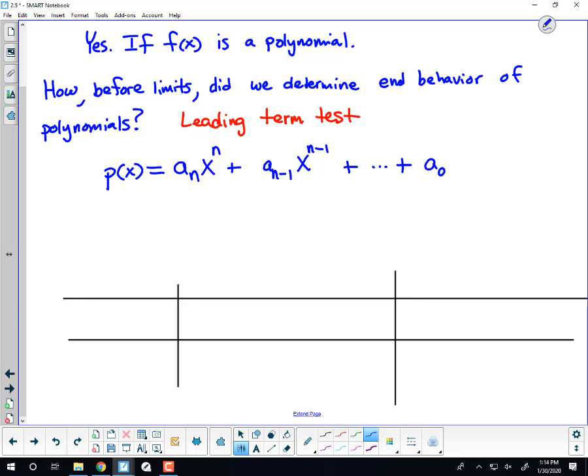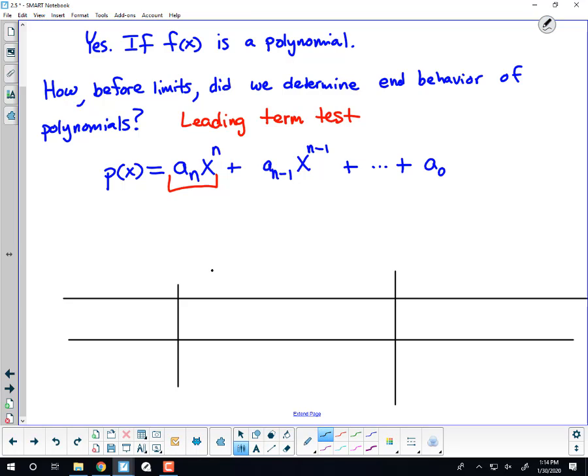And that a sub 0 is a constant. Right? So that was the generic definition of a polynomial. So what we say by leading term, we just mean this thing right here. It's got the highest degree, and that's how we know what the leading term is. Okay.